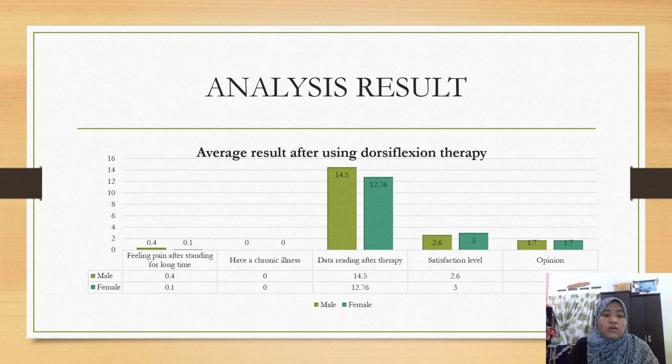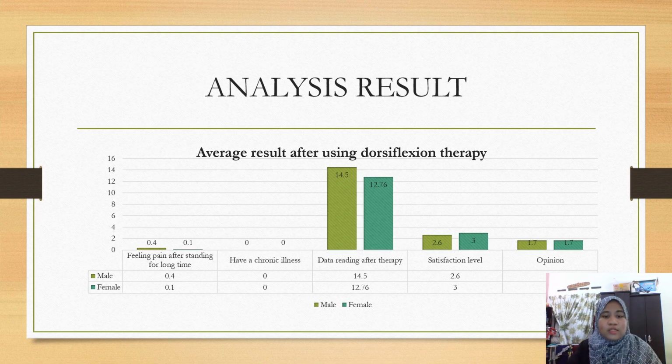This graph shows male was higher than female, which is 0.5 and 0.4, because mostly the males work at their jobs, so they have more movement, and they also carry more load, taking their products everywhere.